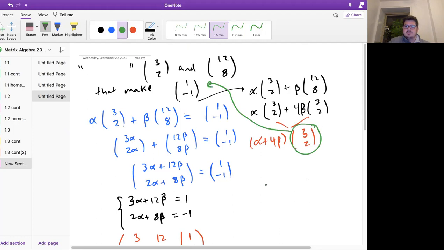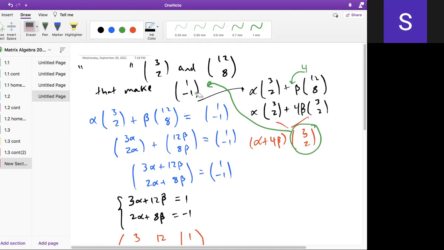Well, if I pull out a 4 from this vector, I get 3, 2 back, right? So I'm pulling out a 4 here. I was thinking the first row or alpha is 2, and then beta is alpha times 4, which is 8.